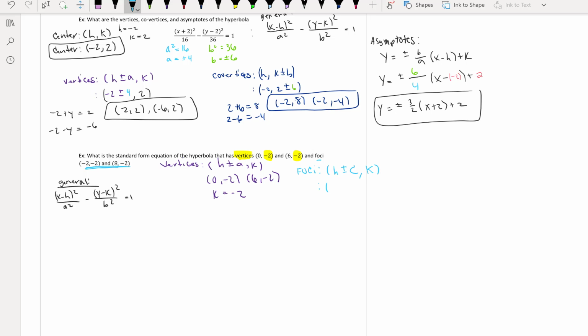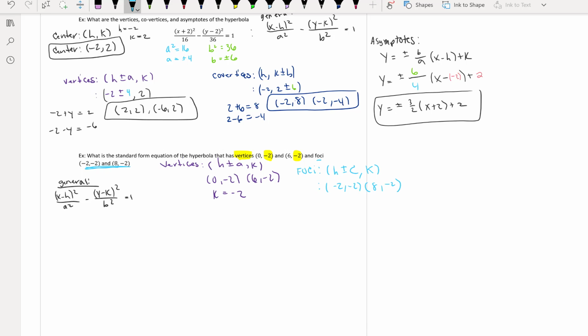So if I have (-2, -2) and (8, -2), then it's going to give me some information about my h and my c value.